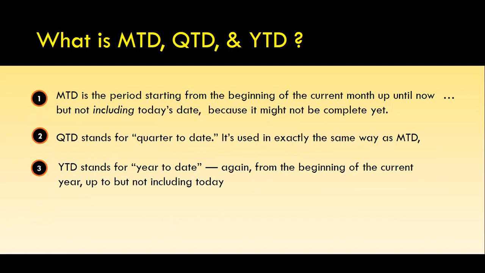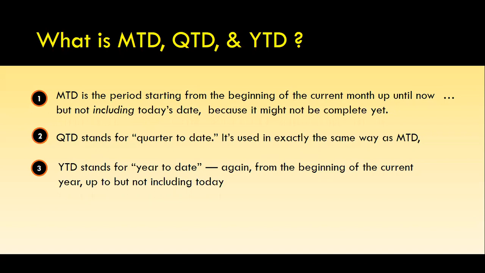Now let us understand what exactly month to date is. I already discussed it, but I will repeat it for the sake of continuation. The month to date is the period starting from the beginning of the current month up until now. Supposing today is 17th November.